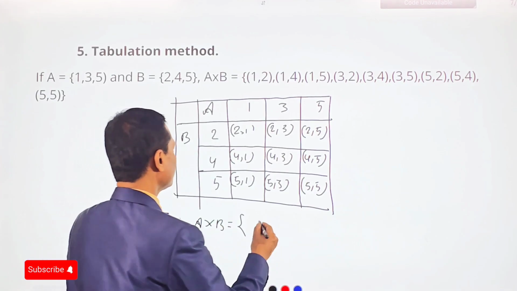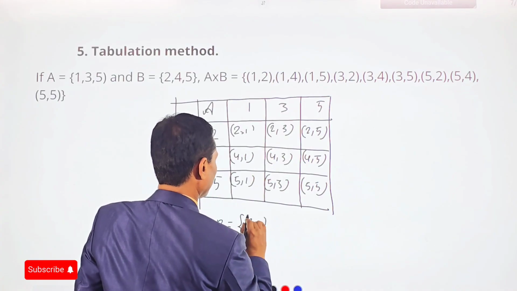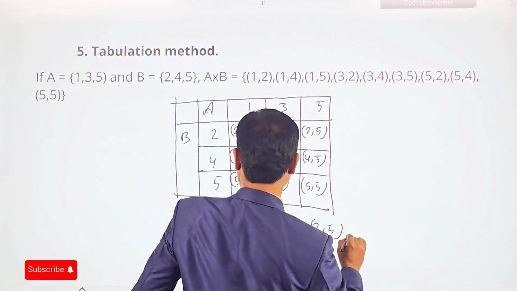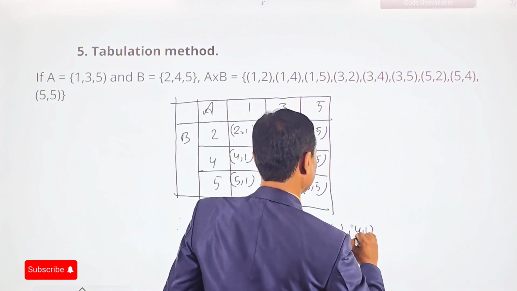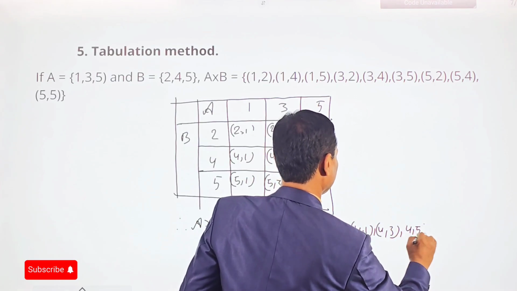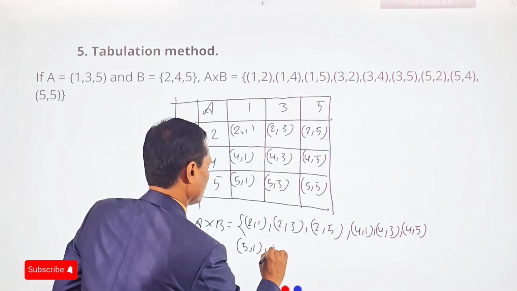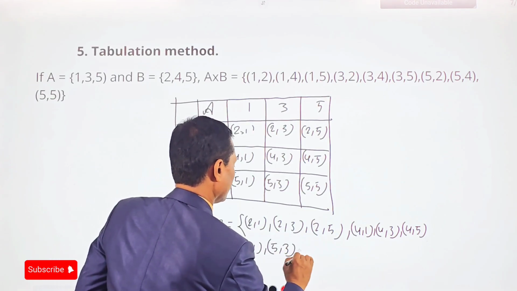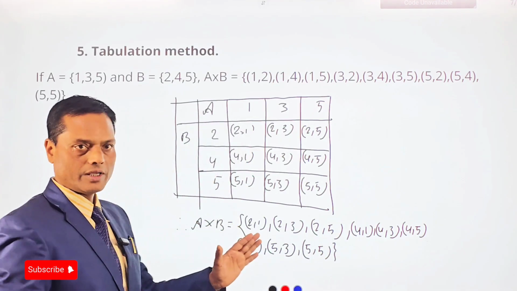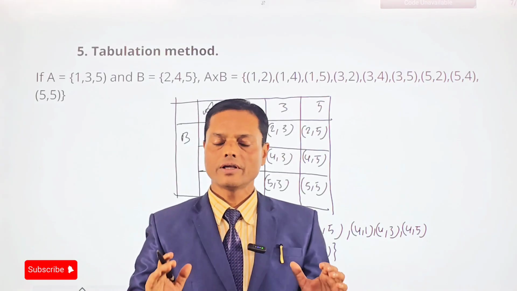So we write 2, comma 1, 2, comma 3, 2, comma 5. Likewise 4, comma 1, 4, comma 3, 4, comma 5. And similarly 5, comma 1, 5, comma 3, and 5, comma 5. In this way we represent the ordered pairs of the Cartesian product A cross B in a table.